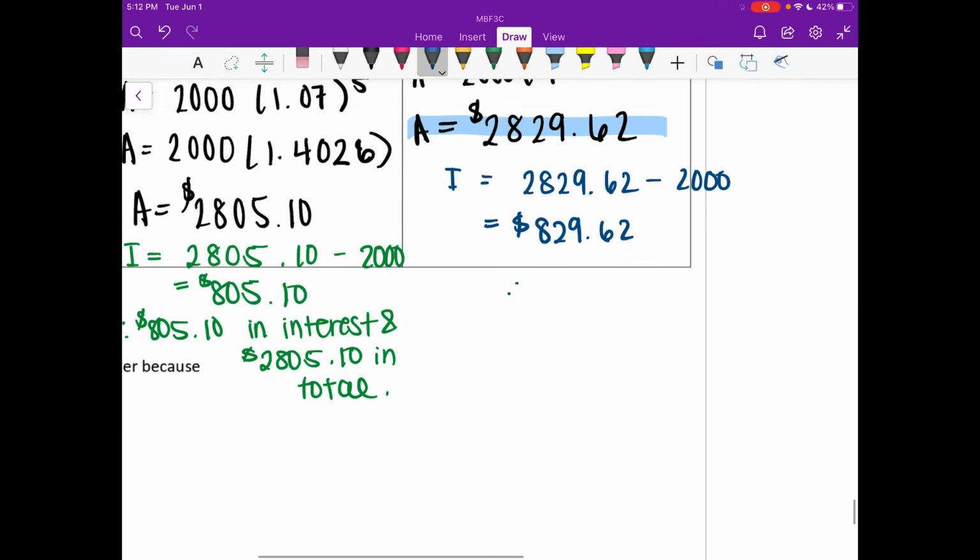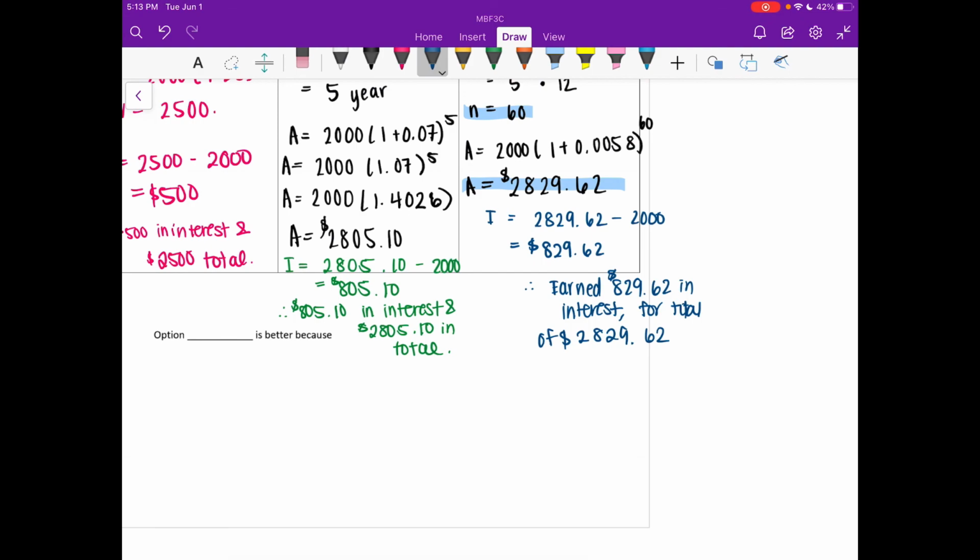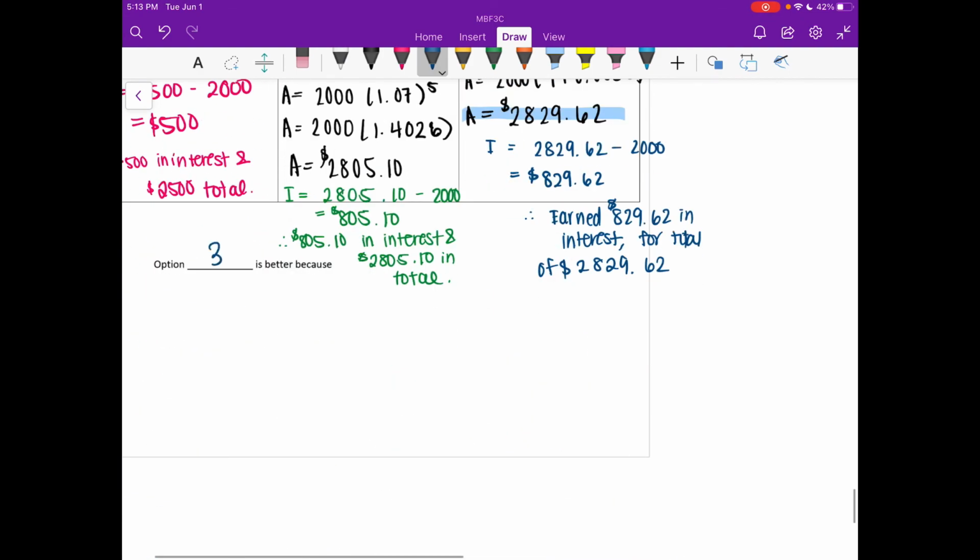So this person earned $829.62 in interest for a total of $2,829.62. So the obvious choice out of all three of these is the one that you make more money with. So option 3 is better because you make more money on your investment.